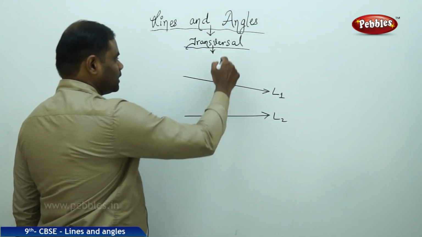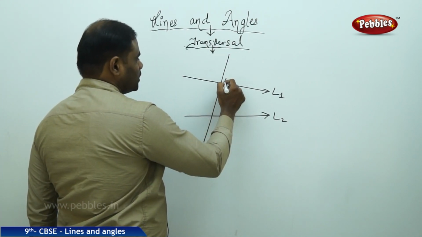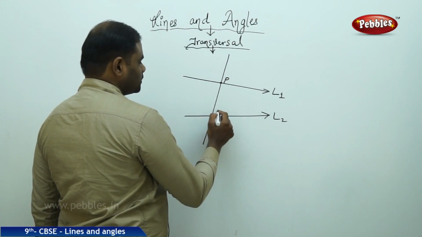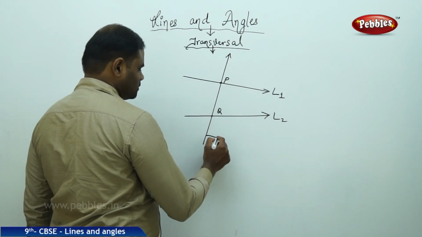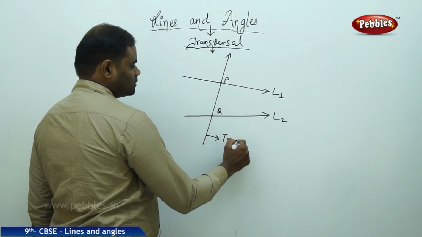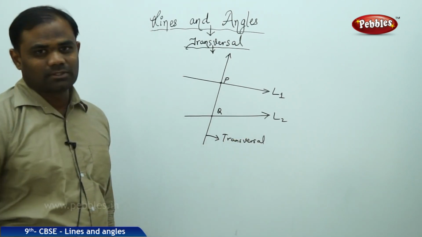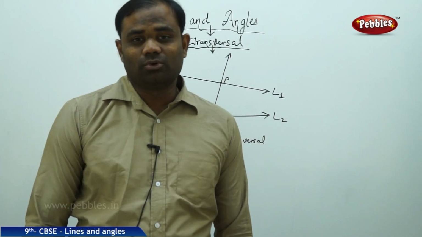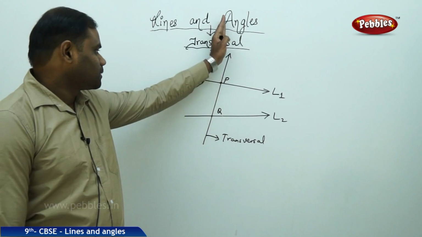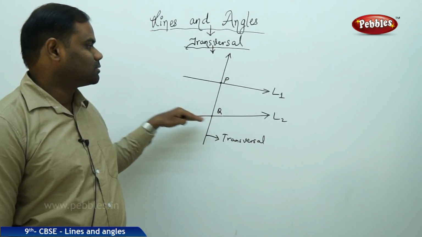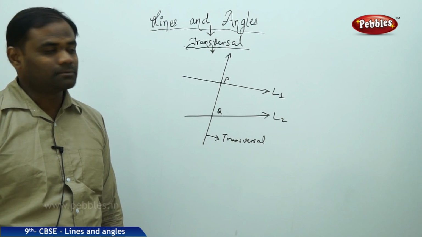Say for example, I take a line which cuts the line L1 at P and the line L2 at Q, then this line is called the transversal. Transversal is a line which cuts two or more than two lines at two distinct points P and Q. This is the transversal for these two lines. This is how we understand the transversal.